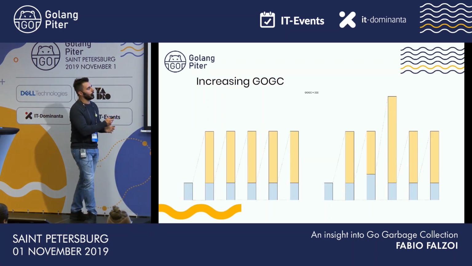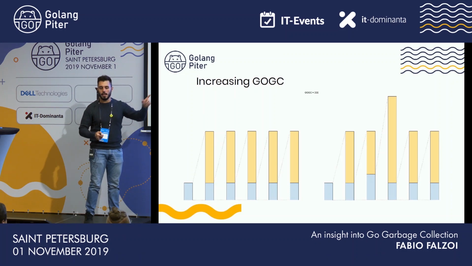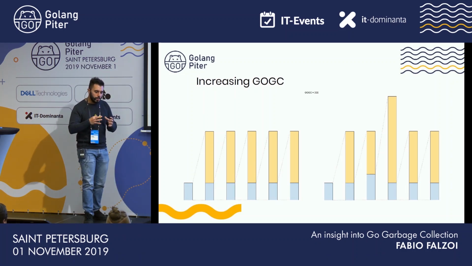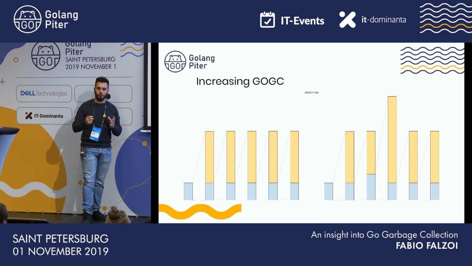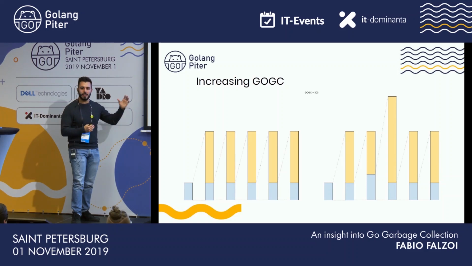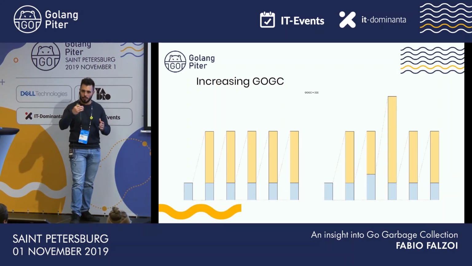But if you consider a higher GOGC, like here 300, you can see that the spike is really bigger. GOGC has this kind of amplification effect, if you let me use this term. And if you think about an even higher value for GOGC, like 1000 and so on, it can become quite difficult to control the heap, and you can end up having an out-of-memory error.